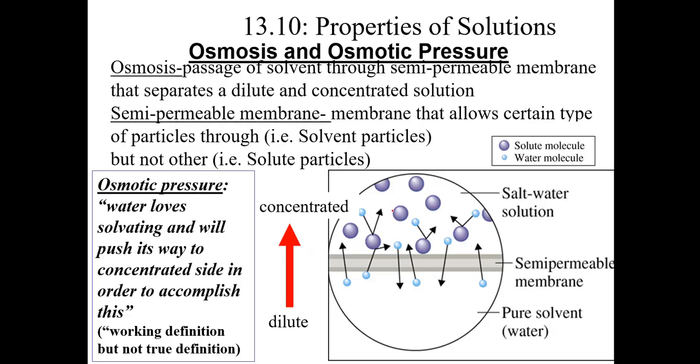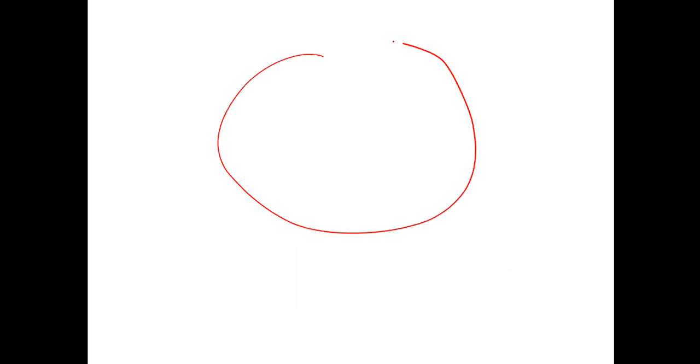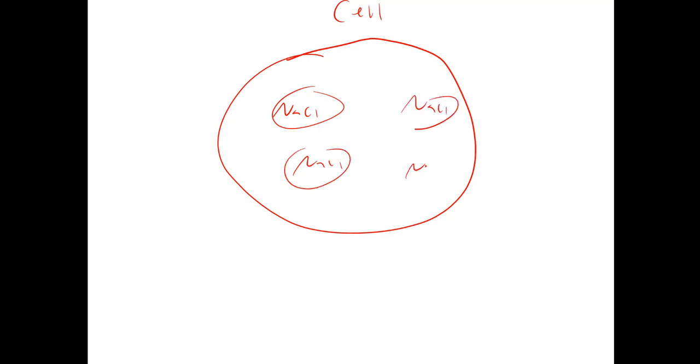Let's go into osmosis and osmotic pressure. So I'm going to go ahead and use a cell membrane in my example. And inside the cell membrane, I'm going to put a whole bunch of sodium chloride solute particles.